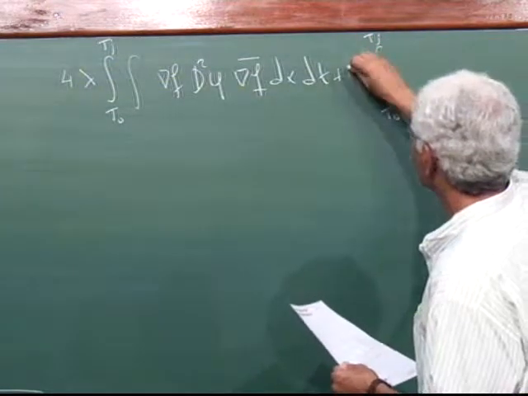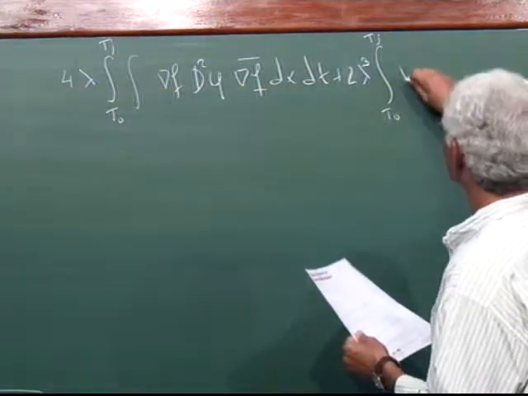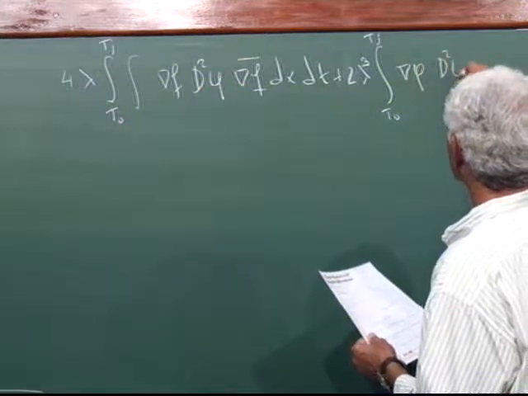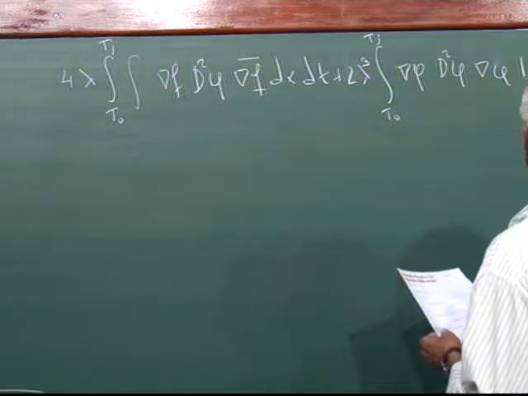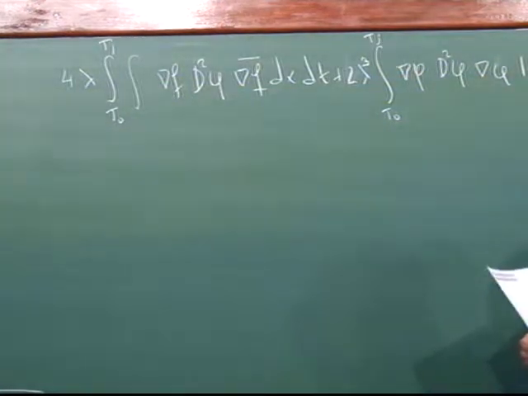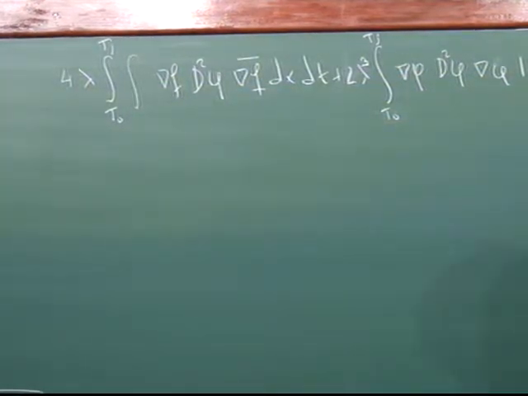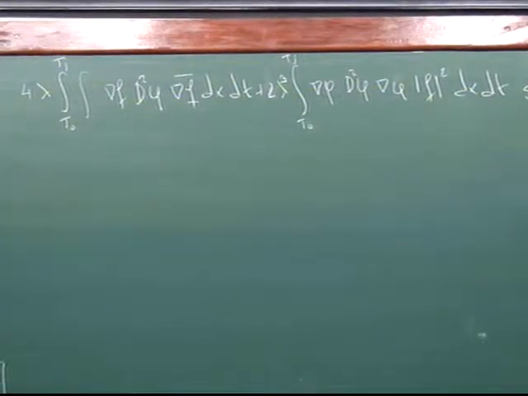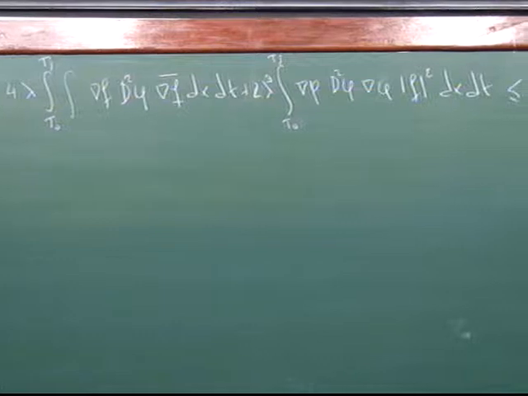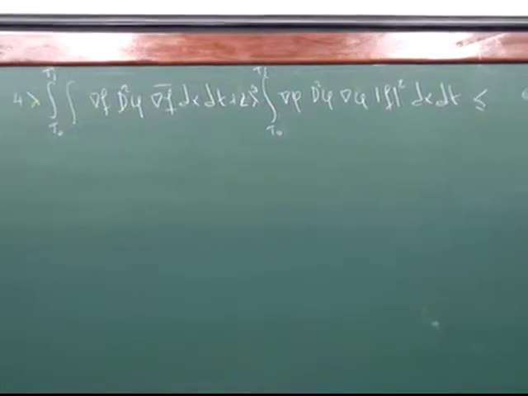Two lambda Q. C lambda is this quantity, and C lambda 0 is this quantity.